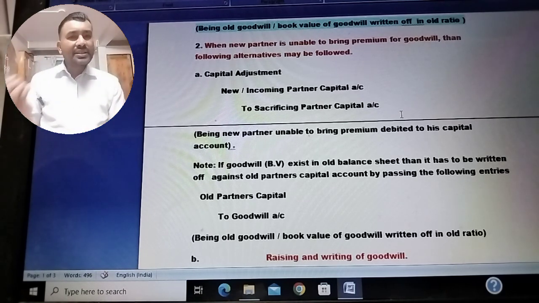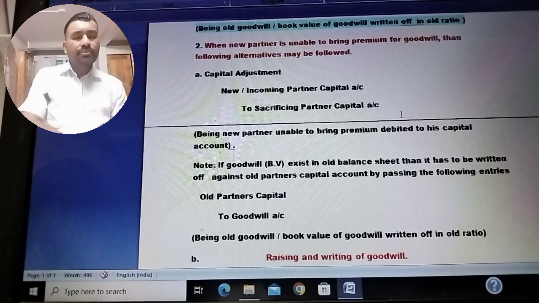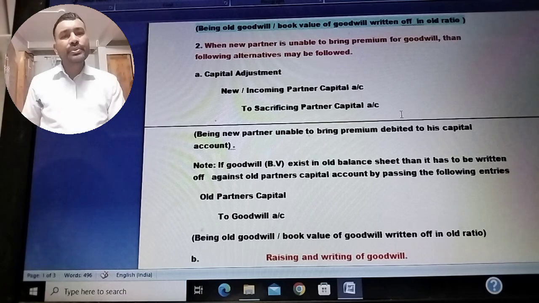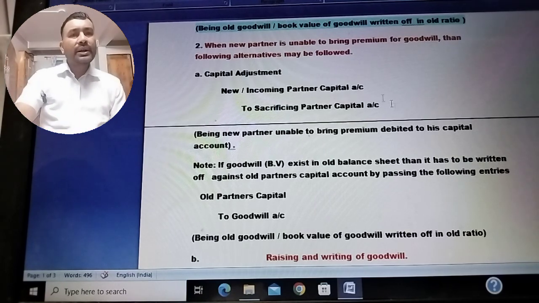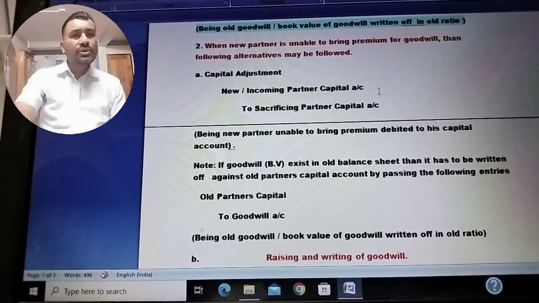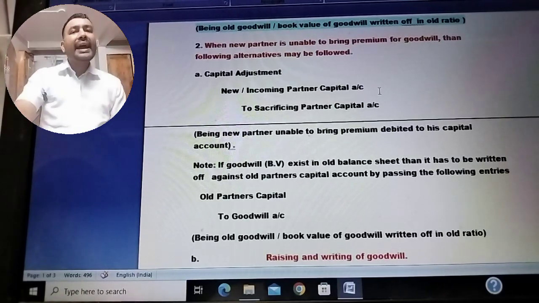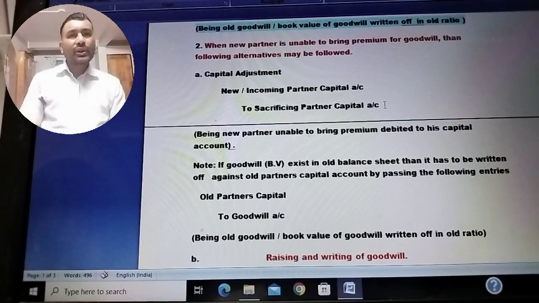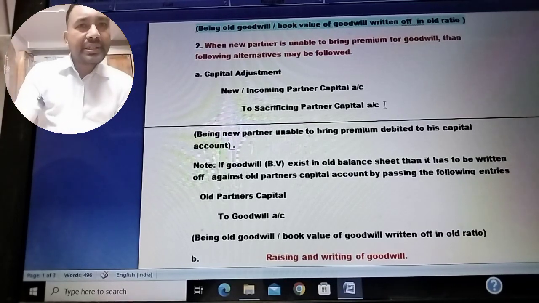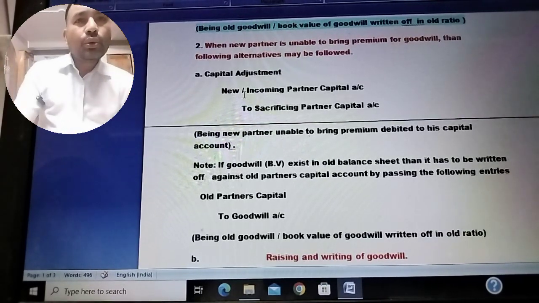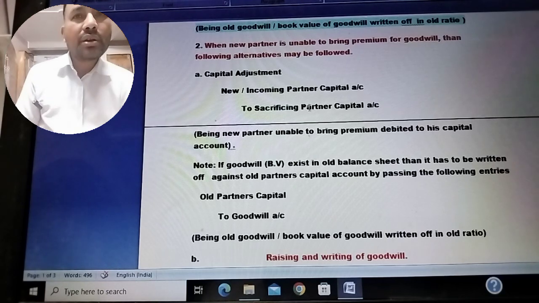Suppose he is required to bring 5,000 as a premium for goodwill, but he is not able to bring it, then the new partner should be debited by 5,000 out of his capital and sacrificing partners' capital should be credited. Okay, so for capital adjustment, new or incoming partner's capital account debit to sacrificing partners' capital account.